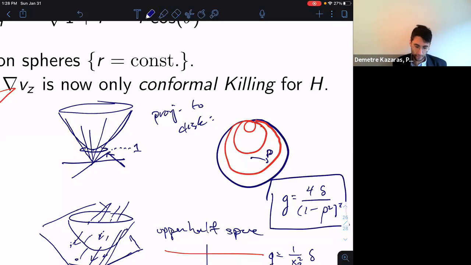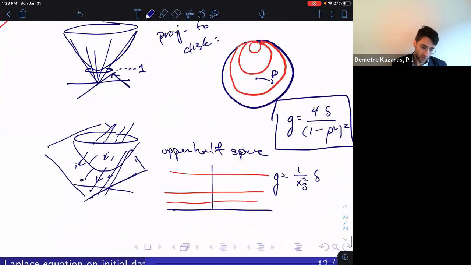If you wanted to instead project onto an upper half space, given by a plane orthogonal to the level sets, that defines another projection from the hyperboloid, as I try to draw here.